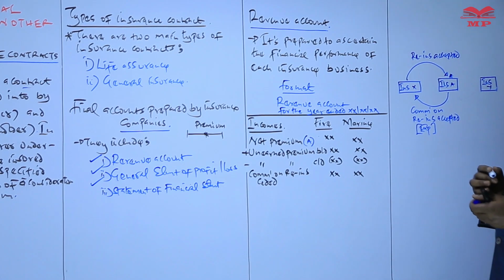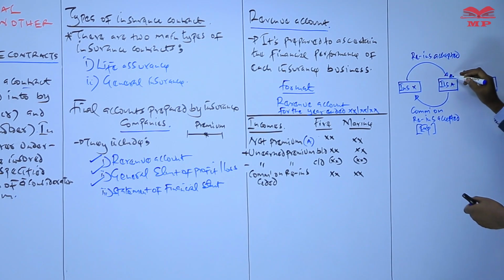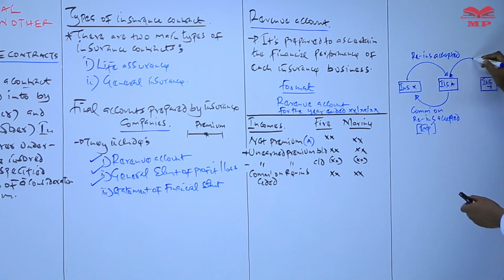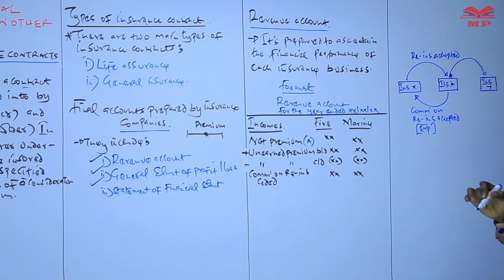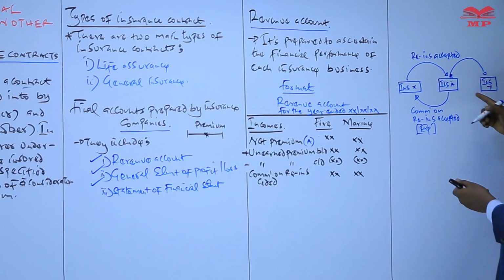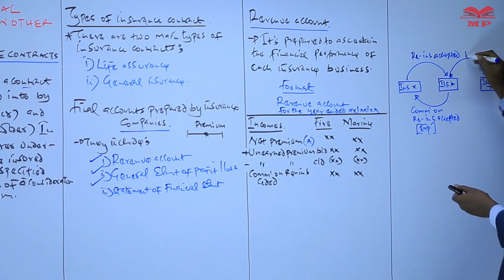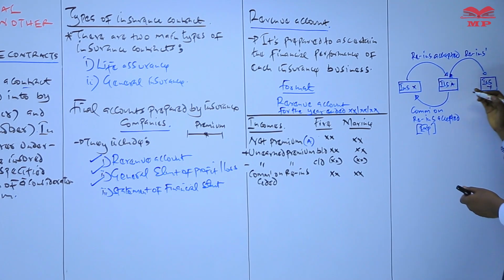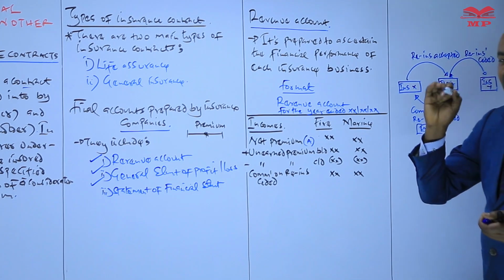On the other hand, this insurance company may also feel that the risks insured with it are too much, and therefore it decides to reinsure some of those particular risks with another insurance company, say insurance company Y. The insurance business given out, we can refer to as reinsurance business ceded.